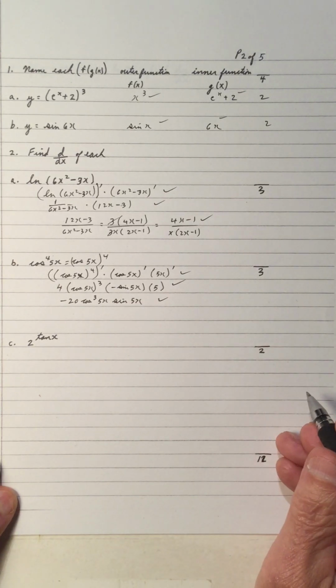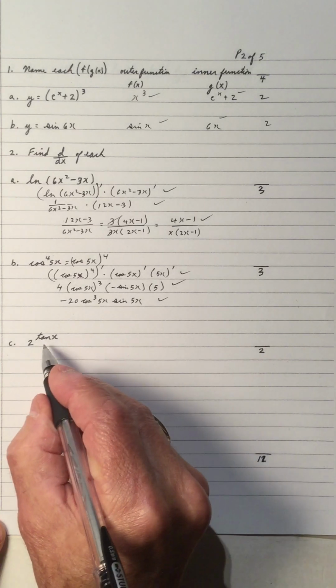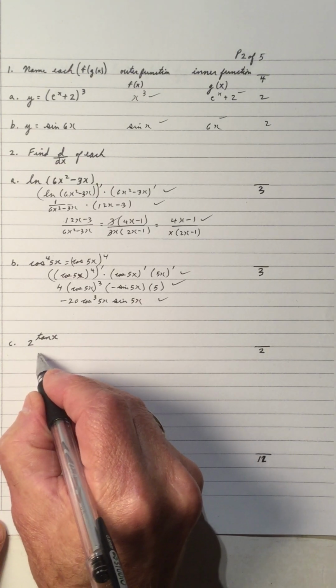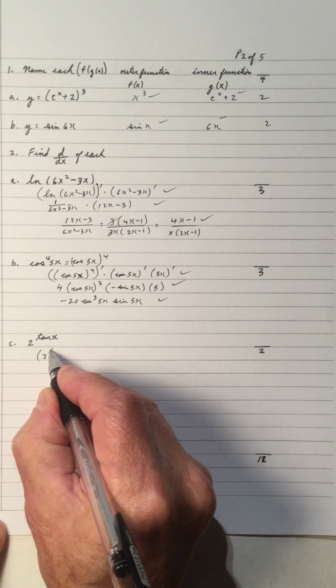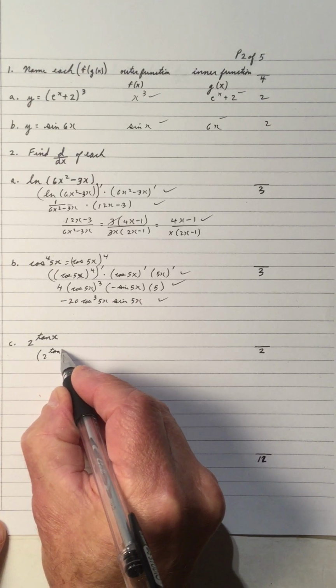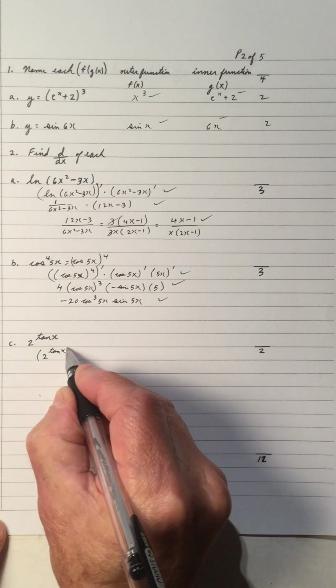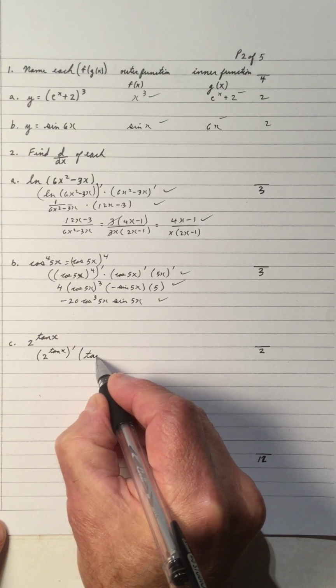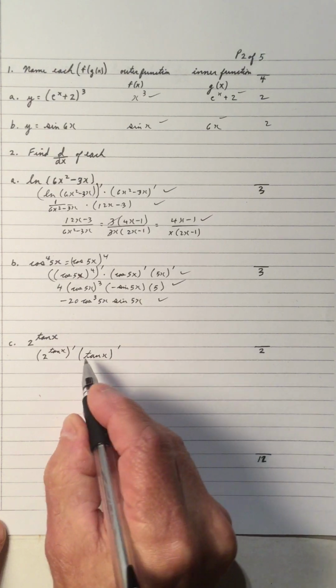So 3 marks altogether. Now we have 2 to the tan x. Again, we have the whole function, so it's the derivative of 2 raised to the tan x, times the derivative of the inner, the derivative of tan x.